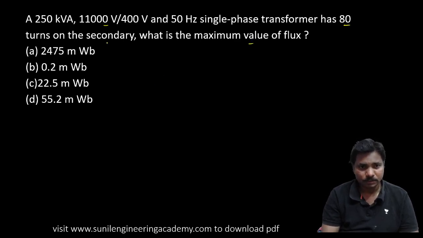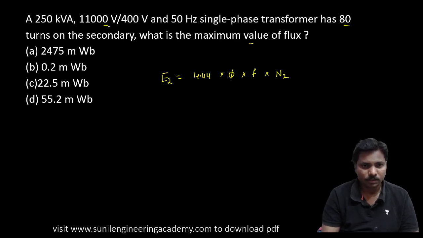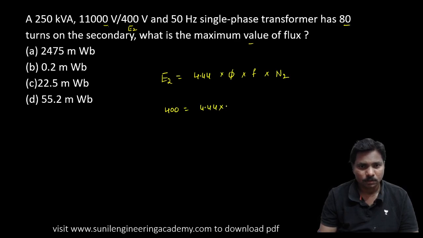So let us try secondary. They have given secondary turns, so take the secondary EMF. E2 is equal to 4.44 phi F N2. This is E1, this is E2. 400 is equal to 4.44 into flux, which we have to find out, and frequency 50 hertz and number of turns 80.